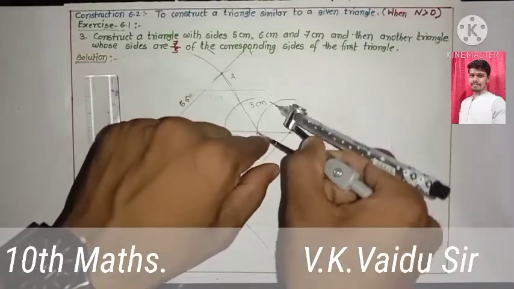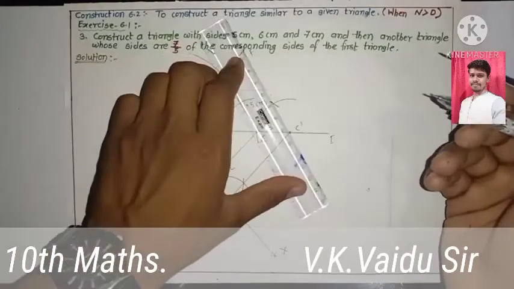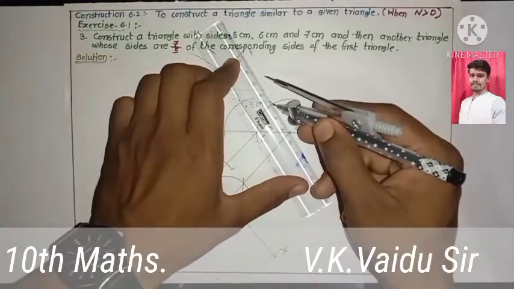Then draw one line passing through these intersecting arcs and C dash.